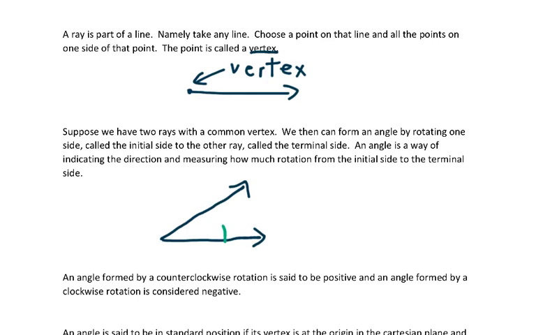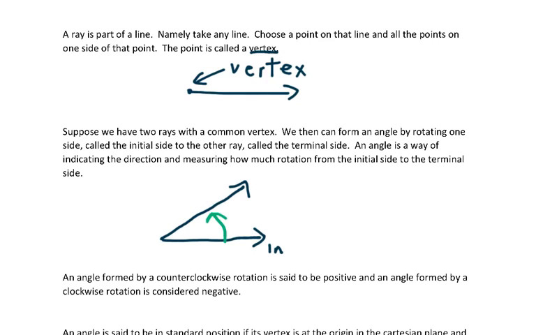I'm going to rotate it up here like so. Doing so, I'm forming an angle. So an angle basically comes about when we rotate about a point called a vertex. With an angle, you're not only indicating direction, as we'll see, but also how much of a rotation we are doing. So this is what we call an angle.